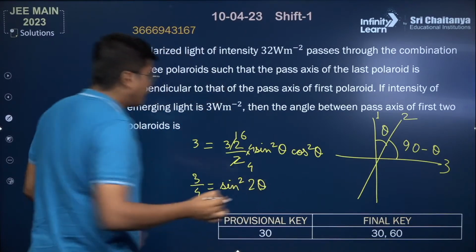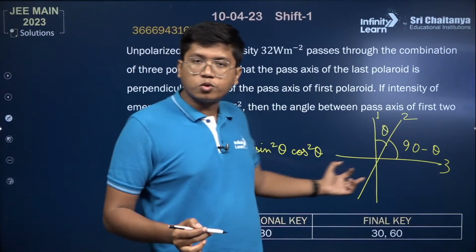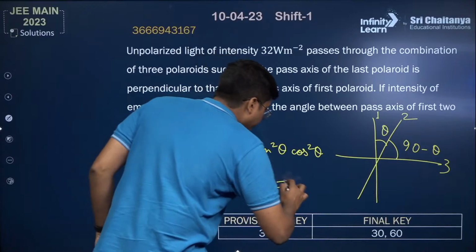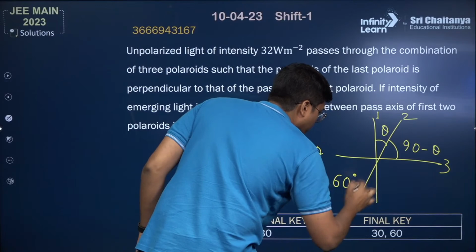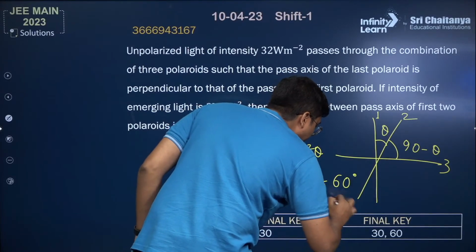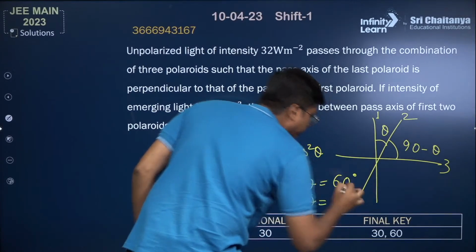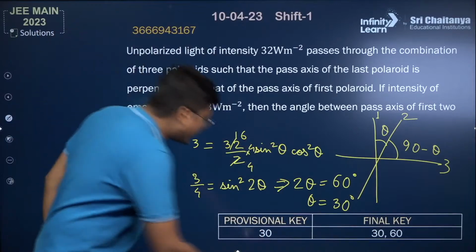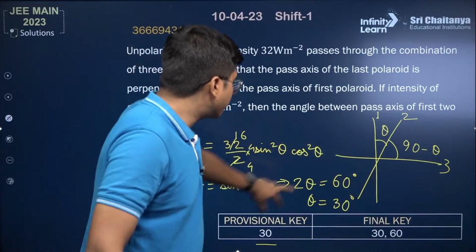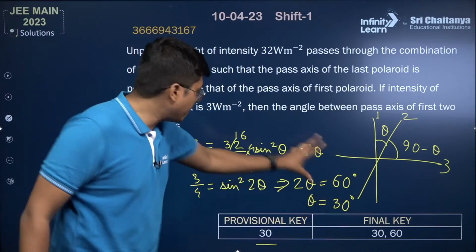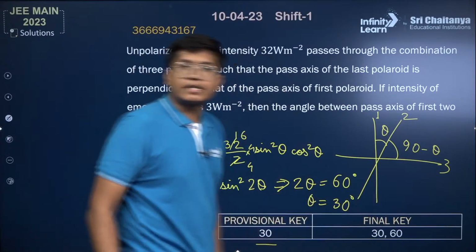Now based on that, sine 2 theta was root 3 by 2, which means 2 theta, pay attention over here, 2 theta came as 60 degree. So obviously theta has to be equal to 30 degree. And that is the answer key that NTA had given earlier. But why did NTA change this? NTA changed this because theta can be 30 degree, but you can also have it as 60 degree.